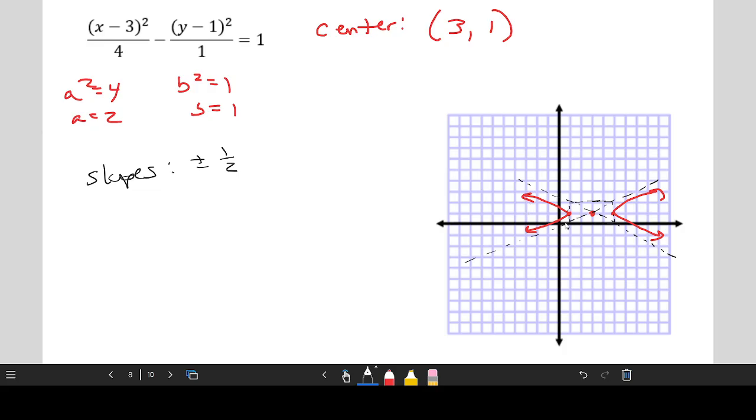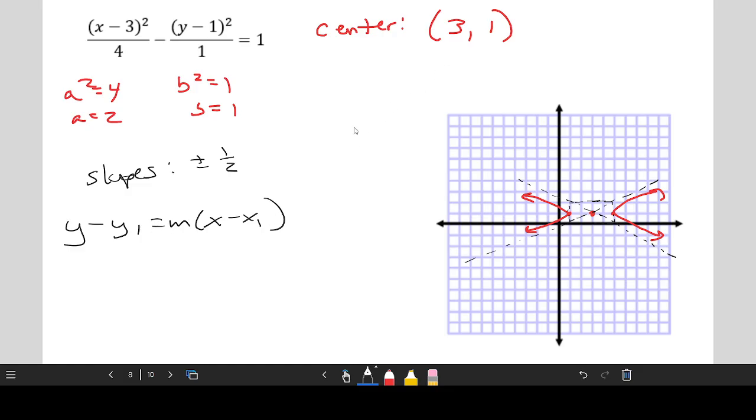And we're no longer going through the origin on both of those lines. Actually, neither line goes through the origin. But we're going through the center, which was 3, 1. So we can use point slope form to write down the equations of the asymptotes. Point slope form looks like this, where m is the slope and x1, y1 is a point on the line.